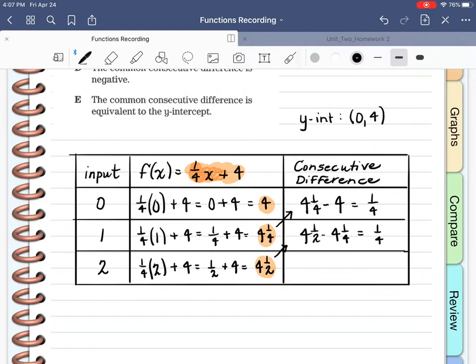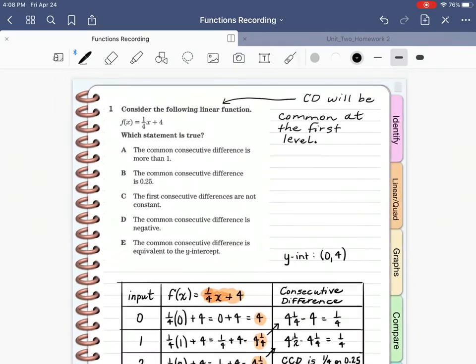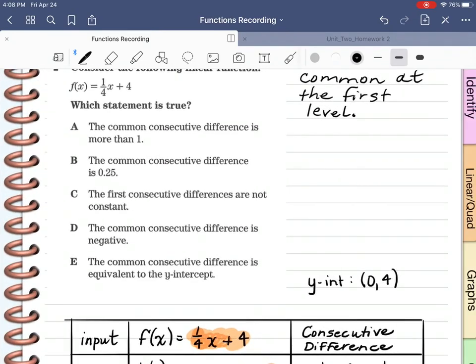And I really like to see a few more than that, but since we know this is linear, they've already told us it's linear, we're okay here. We can say that the common consecutive difference is 1/4, or the decimal 0.25 if you're doing it in decimal form. So let's look at our choices and see which one is true.